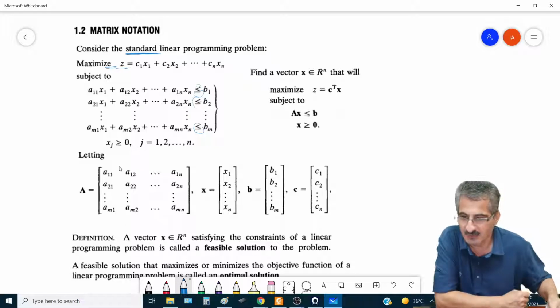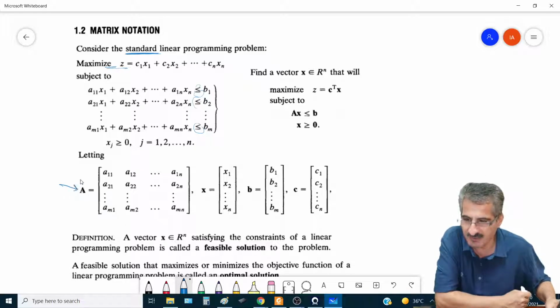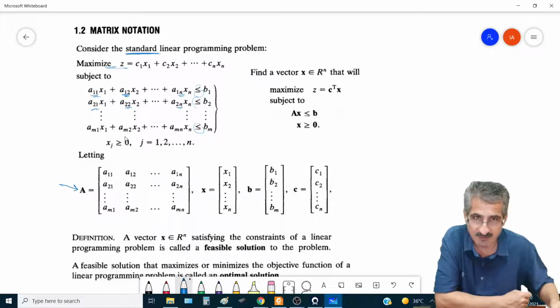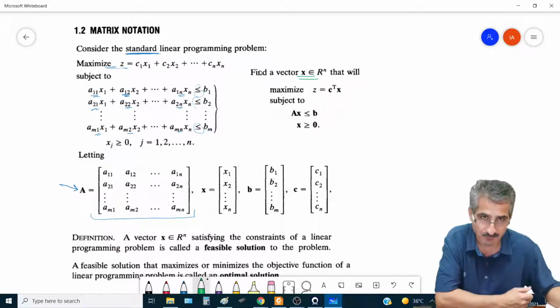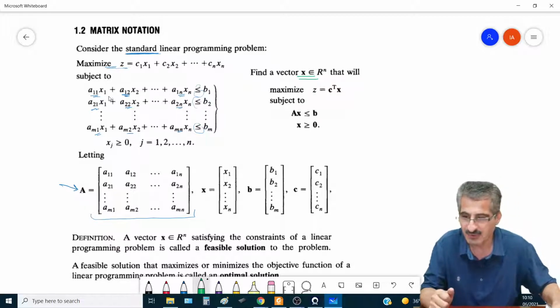Okay, now if we take the coefficients of the inequalities in the constraints, we make a matrix out of them. Now we are looking for what values of the vector x, which means x1, x2, x3. So we will take these variables and put them in one vector.